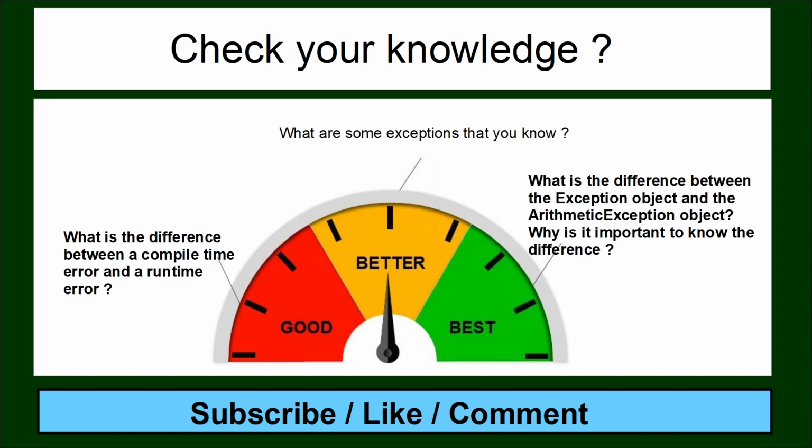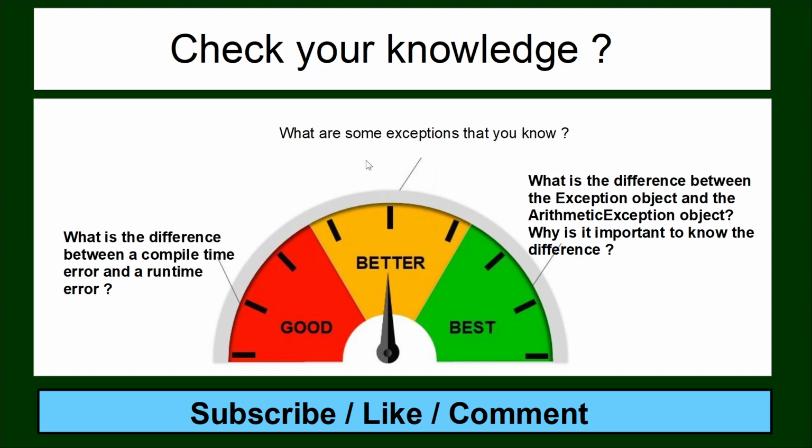Okay, so hopefully from this video you have a good idea of some common runtime errors and how exceptions are a way to show us those runtime errors. If you can answer these questions, then I think you have a very good understanding of the video and of this knowledge. So if you can explain the difference between a compile time error and a runtime error, then that's great.